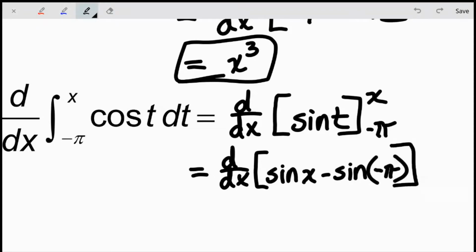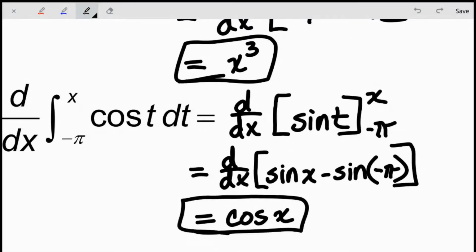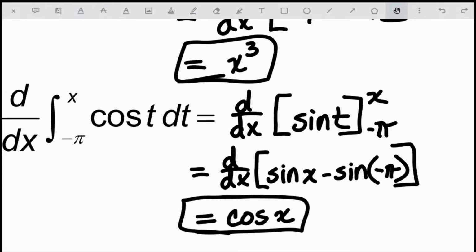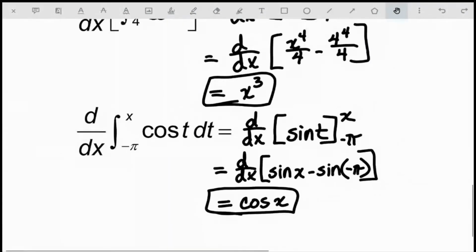Okay, sine of negative pi is a constant. It is 0. I don't really care about that. What I do care about is the fact that if I take the derivative with respect to x of it, derivative with respect to x of sine x is cosine x, and the derivative of the second part, derivative of a constant, is 0. So I'm just going to end up with cosine x. So again, notice that all we really did here was essentially replace the t with an x.